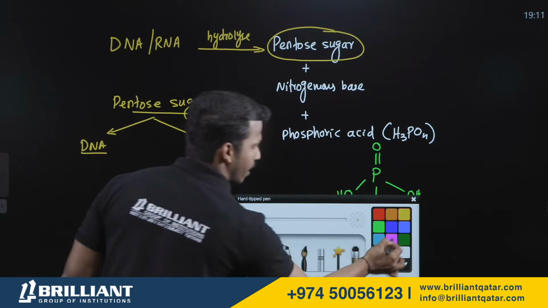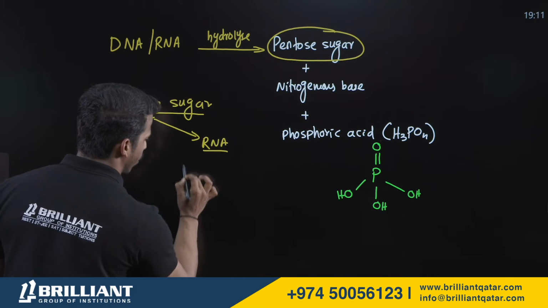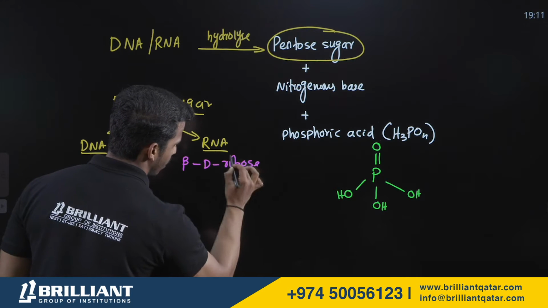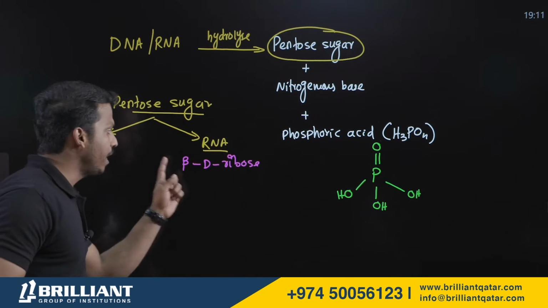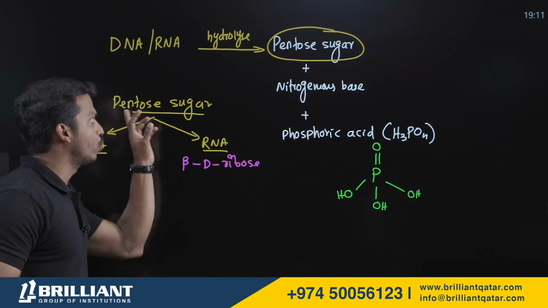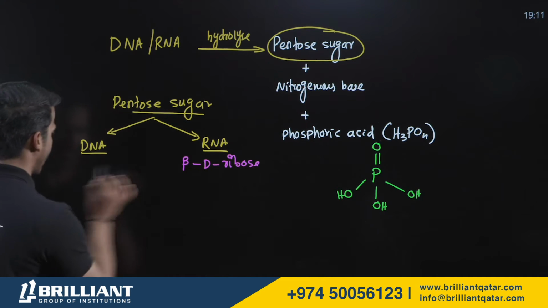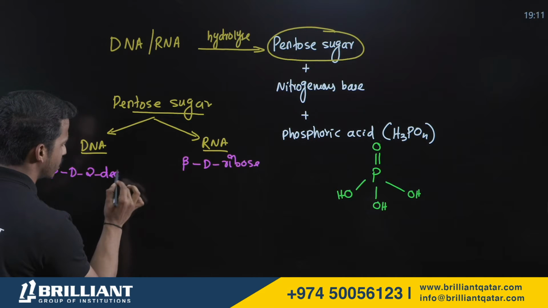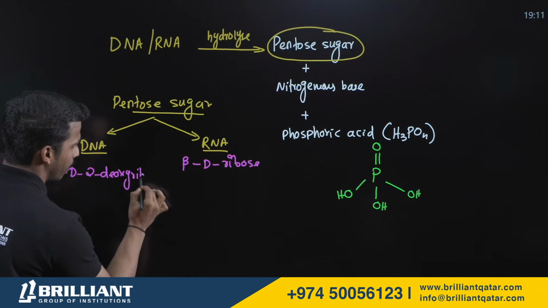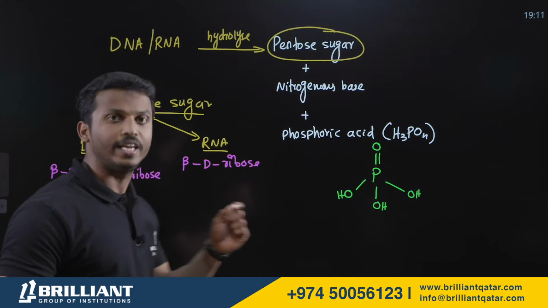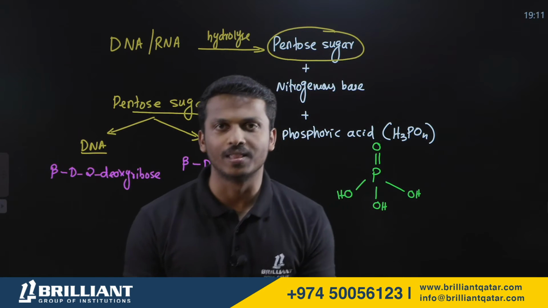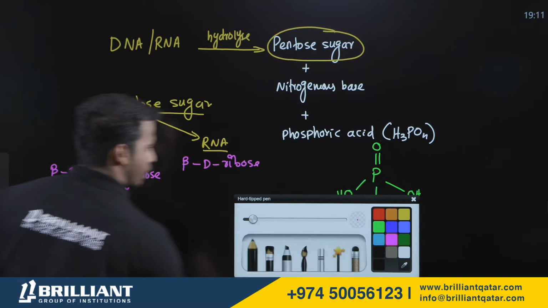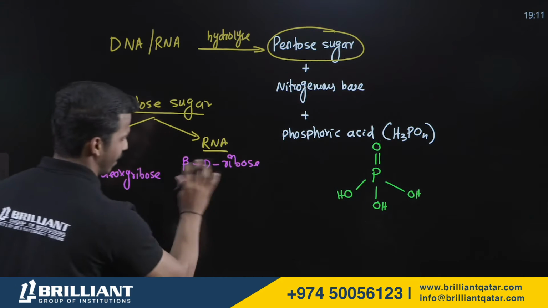The pentose sugar in RNA is known as beta-D ribose. And beta-D 2-deoxyribose is known as the pentose sugar of which one? DNA. Clear all? Let us draw the shape of the molecule, then the name will be clear.